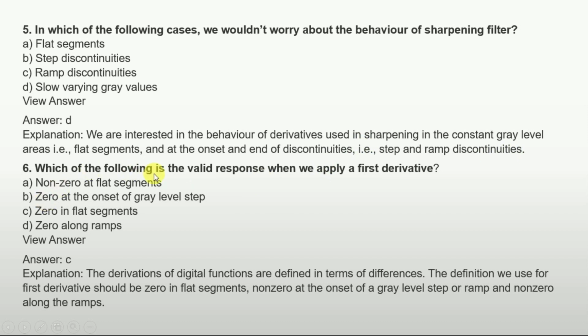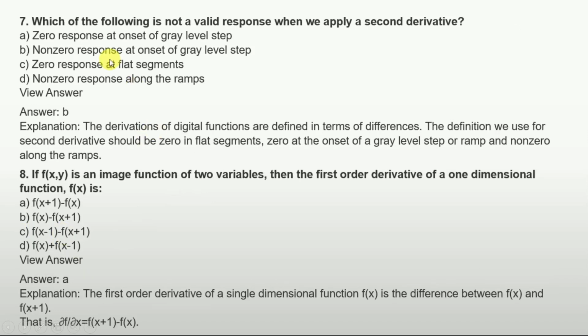And which of the following is the valid response when we apply the first derivative? Non-zero at flat segments, non-zero at onset of the gray level step, 0 in flat segments, 0 along ramps. So the answer is 0 in flat segments. Which of the following is not a valid response when we apply the second derivative? Non-zero, zero response at onset of gray level step, non-zero response at onset of the gray level step, zero response at flat segments, non-zero response along the ramp.